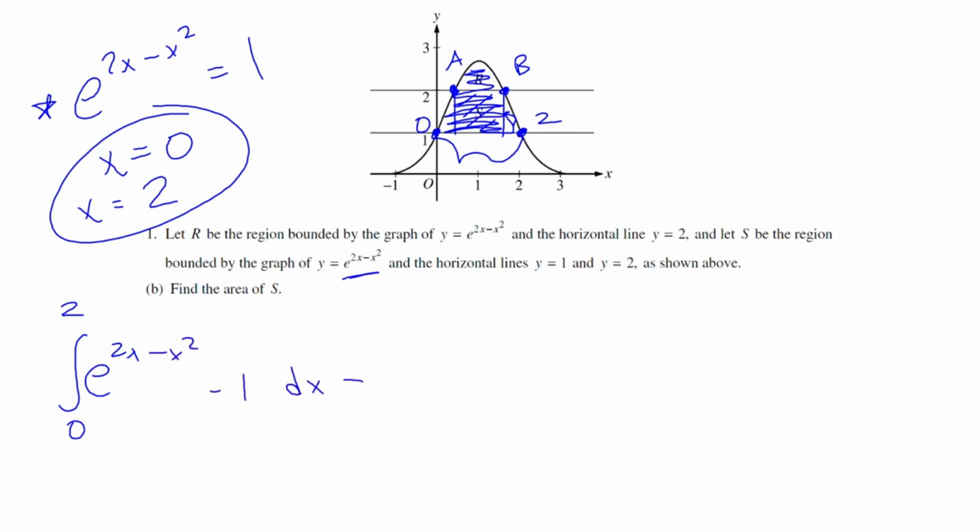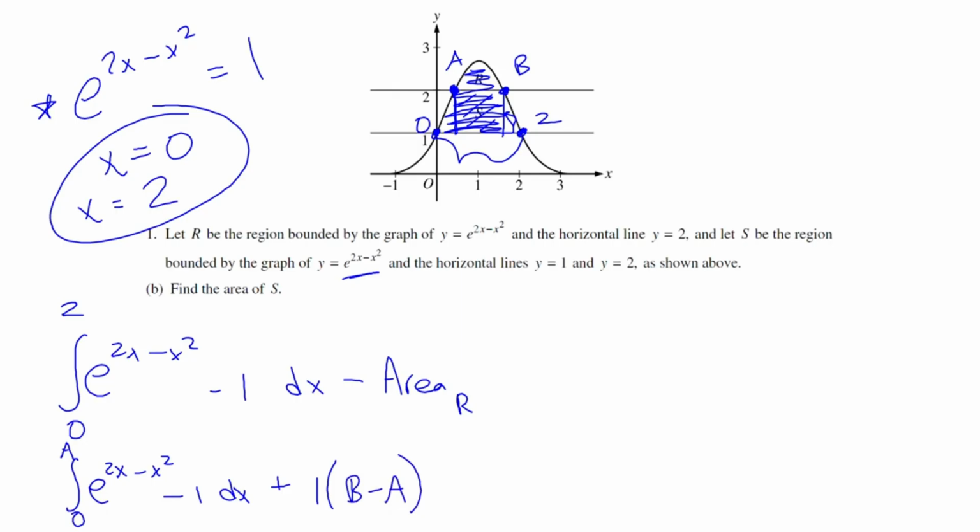And then we just have to subtract the area of region R. The other option would be to integrate from 0 to a of e to the 2x minus x squared minus 1, and then we would add to that the distance between a and b here, times 1, so plus 1 times b minus a, because that's going to be just a rectangle there.